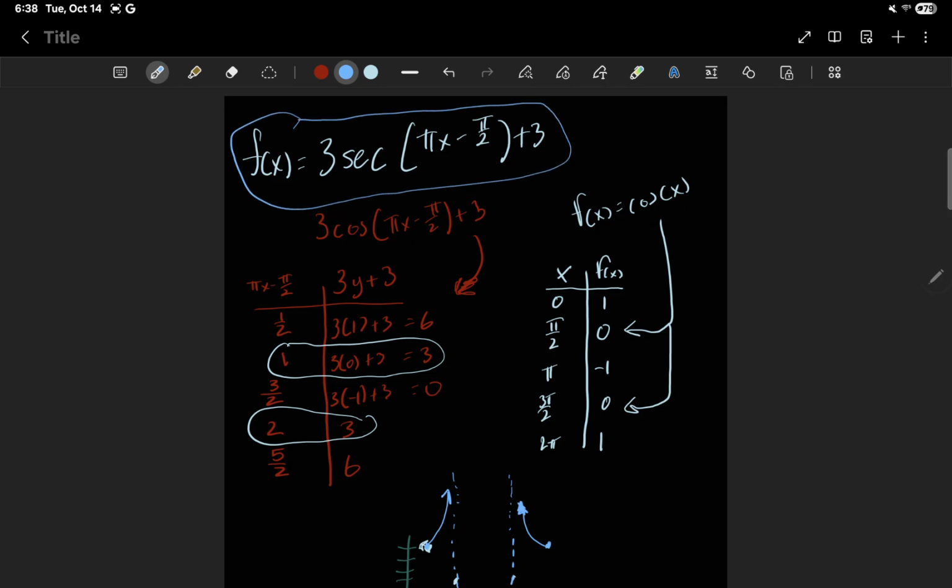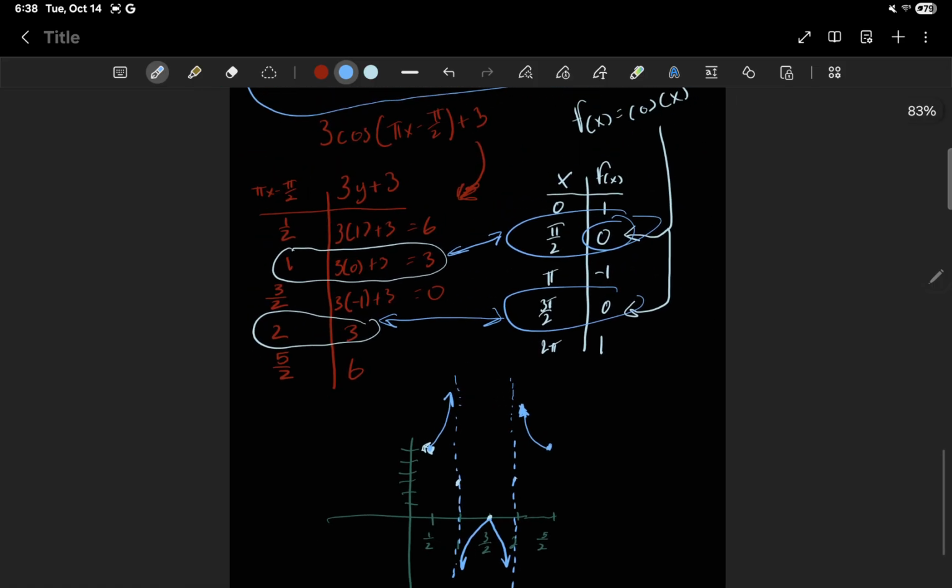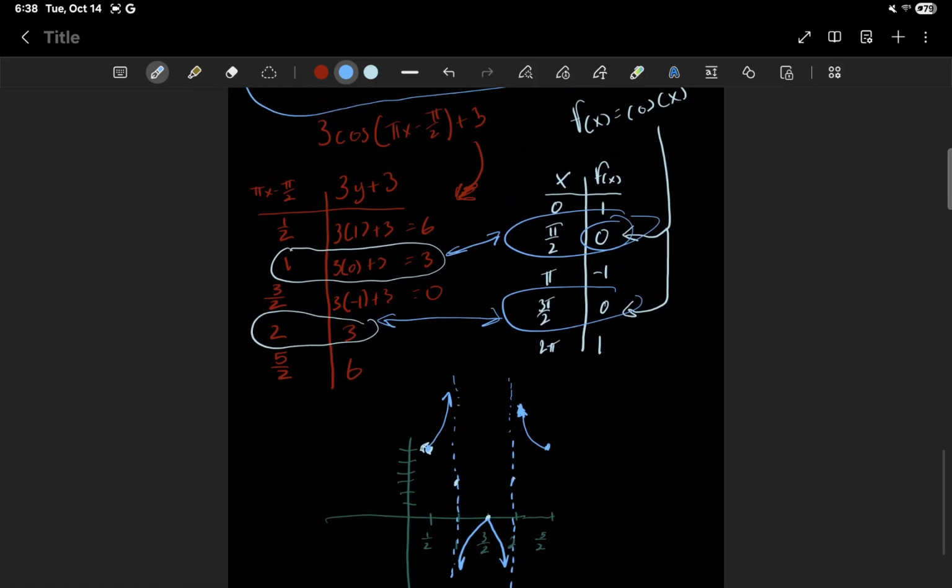So the way you graph secant and cosecant, so secant goes with cosine, cosecant goes with sine, is you graph it as if it was cosine, and anywhere that the original cosine graph output is 0, so these points right here that match with these guys, rather than having points there, that's where your vertical asymptotes are, because remember that secant and cosecant have undefined values at pi over 2 and 3 pi over 2 for cosecant, or for secant, and for pi and 2 pi and 0 for secant.